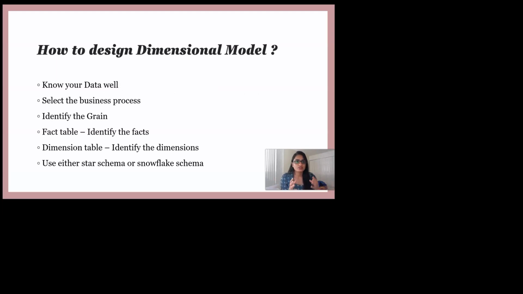First of all, when you are starting to build your data model, it's very important that you know your data well. You understand what your business process is, how your data is stored, and what the important columns in your data sources mean. Then you select the business process.